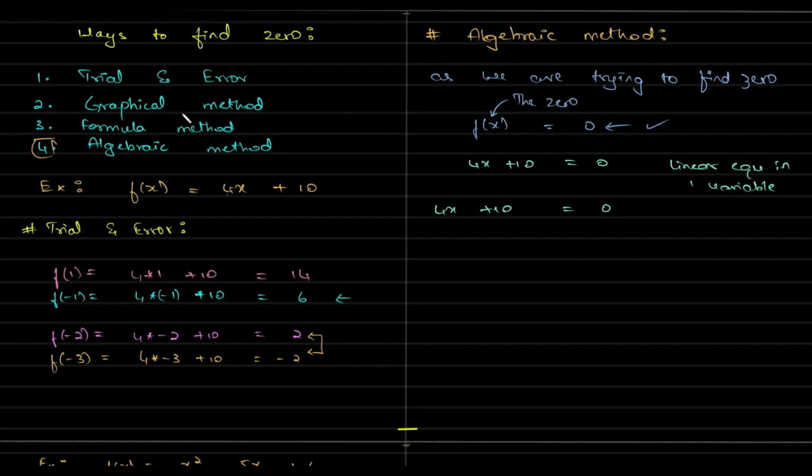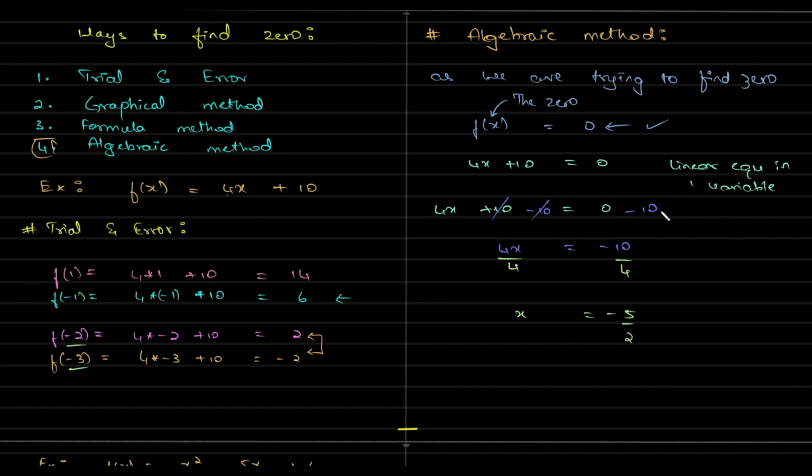You subtract 10 from both sides and you get 4x is equal to minus 10. Then we divide by 4. Then we have x is equal to minus 5 by 2. It's not easy to figure out. It's clearly between minus 2 and minus 3. It's not an easy thing to figure out with trial and error, is it?